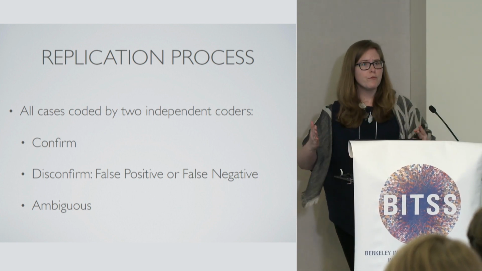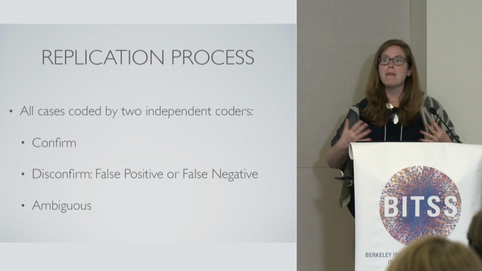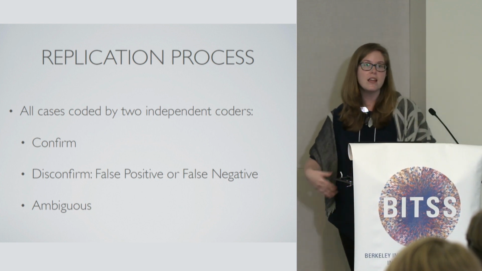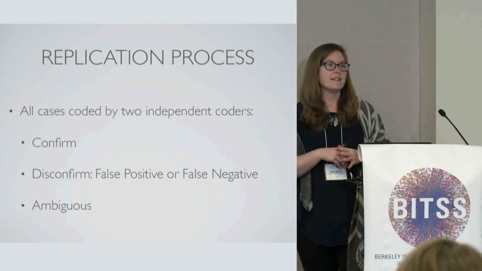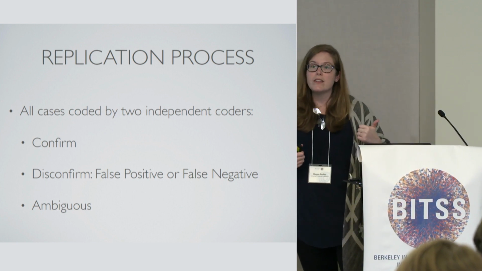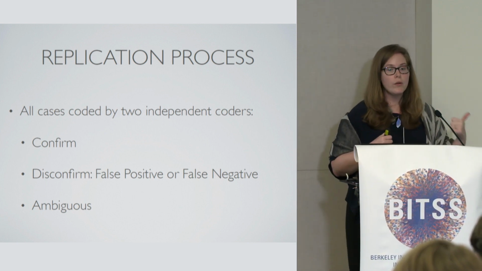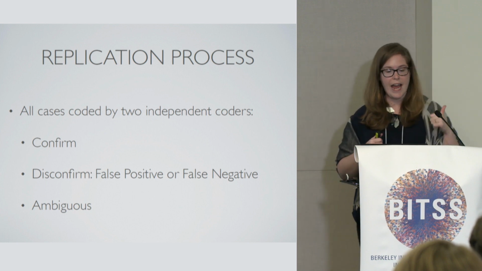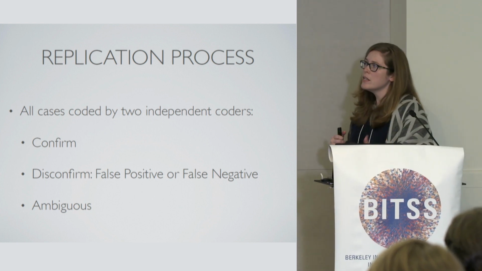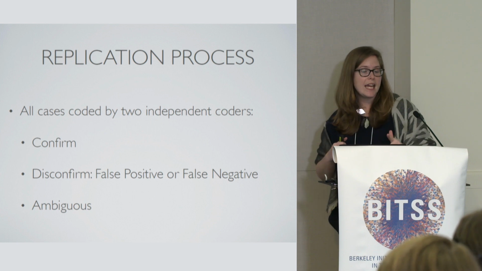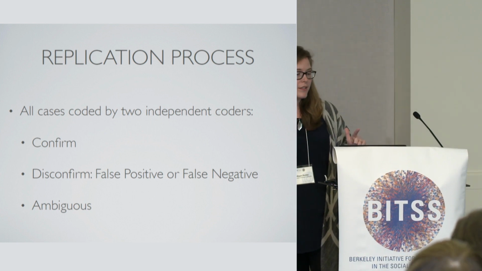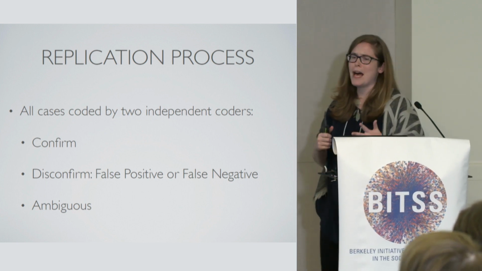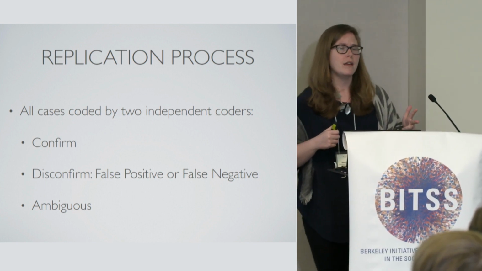When they reviewed all of the materials, they were to keep in mind the 13 hypotheses indicated by Ross and categorize each as either confirm, that they agreed with Ross's coding of that particular hypothesis in that case, or disconfirm, in which they were asked to indicate whether they found it to be a false negative or a false positive. And then we also allowed for a category of ambiguous.